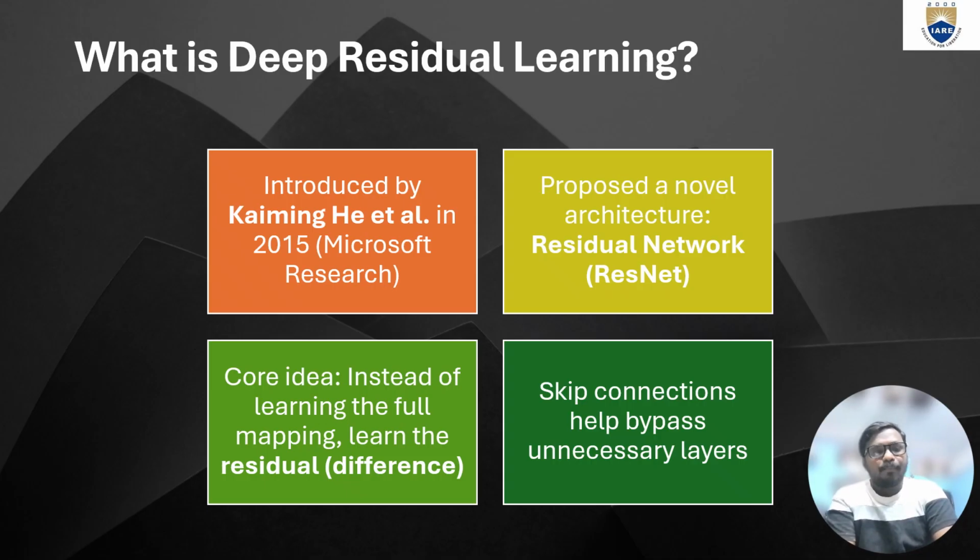It means in ResNet we just learn the difference, so that the residual network will learn the full mapping, and the skip connection helps bypass unnecessary layers.